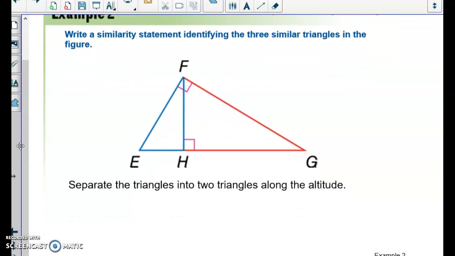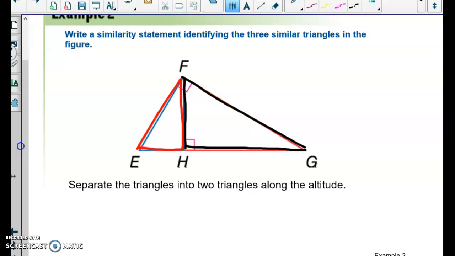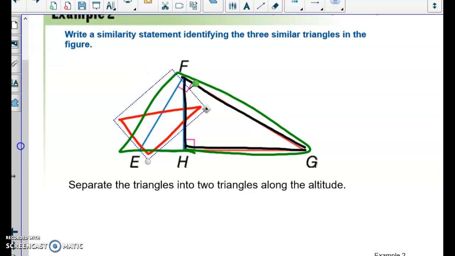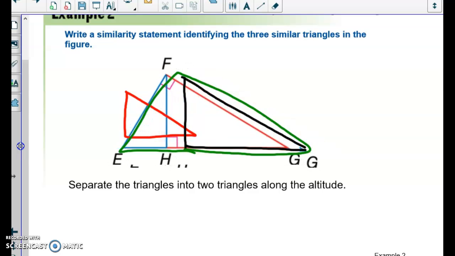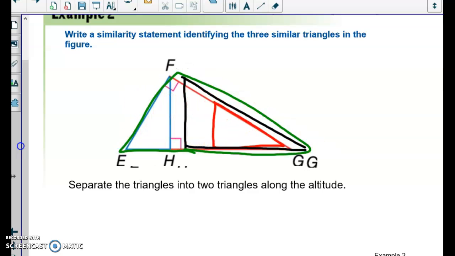So in this one, they're saying, hey, can we write the similarity statement for these? And again, I'm just going to make sure you see the three triangles. And we can see that if we take this red one, if I can grab it separately, and I rotate it and slide it, I just want to slide it over here next to the black one, you see that it's a similar triangle as that one.